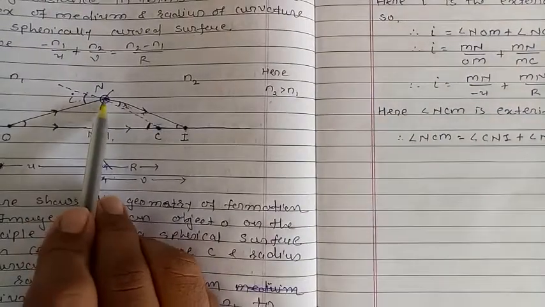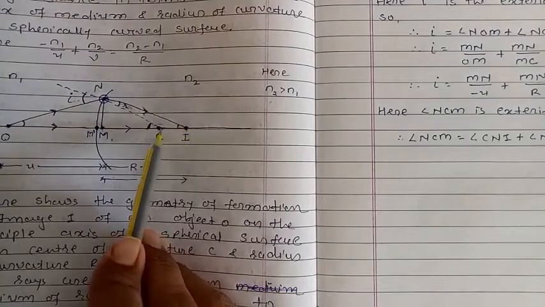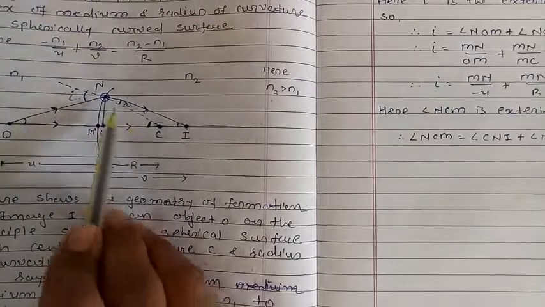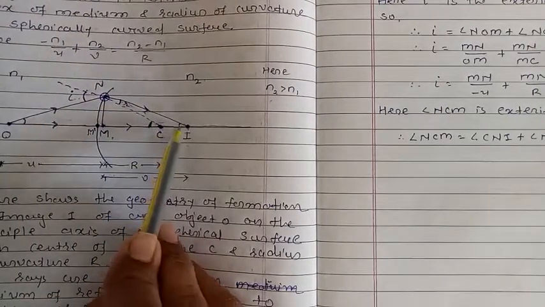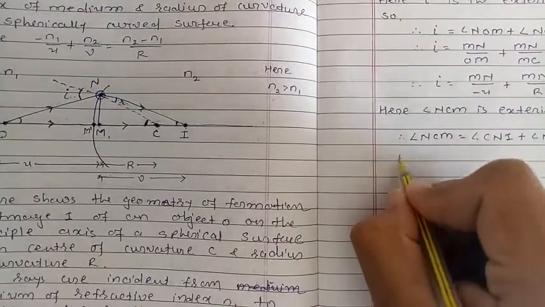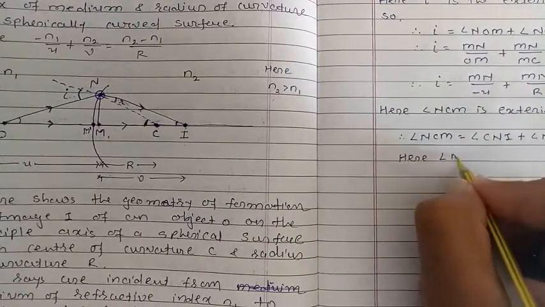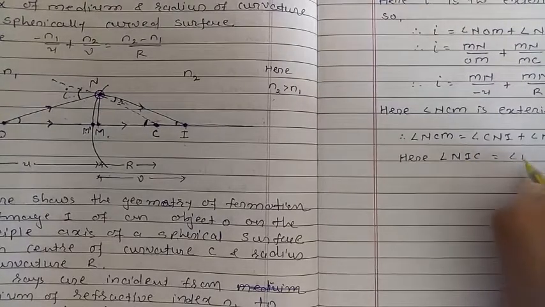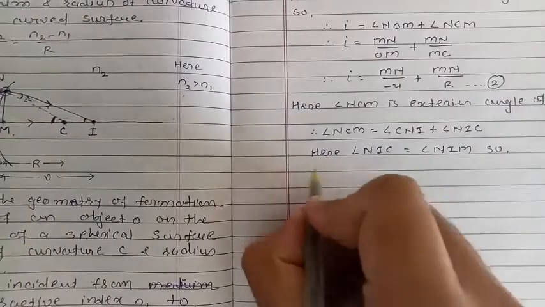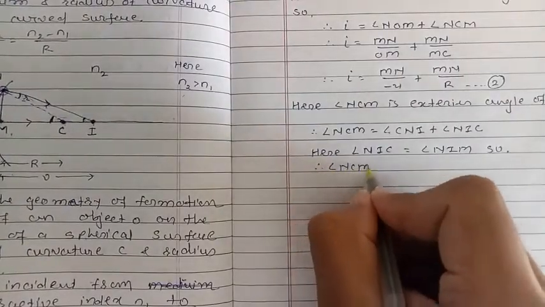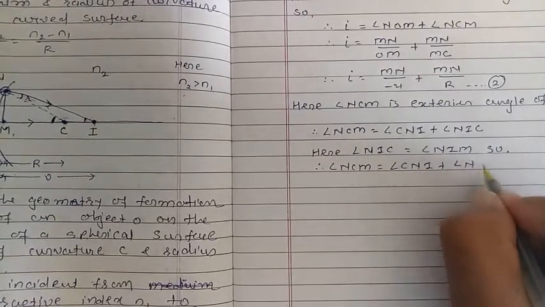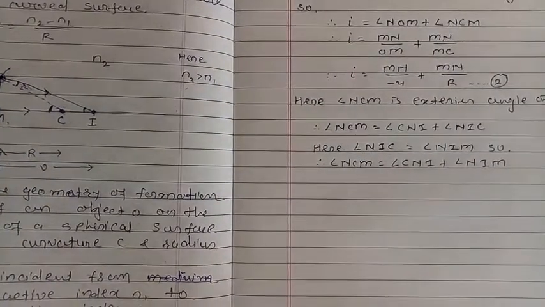See, angle NIC, this angle, is equal to angle NIM. So we can say that angle NIC is equal to angle NIM. So we can write that angle NCM is equal to angle CNI plus angle NIM.